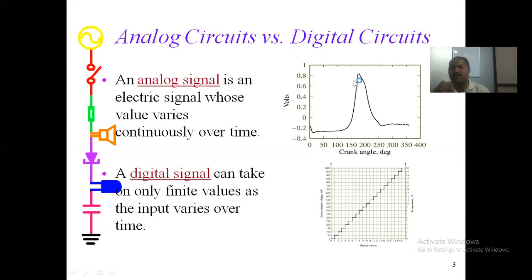An analog to digital converter is a device which converts the analog signal into a digital signal. This digital signal is then provided to the digital machine, so it can operate.